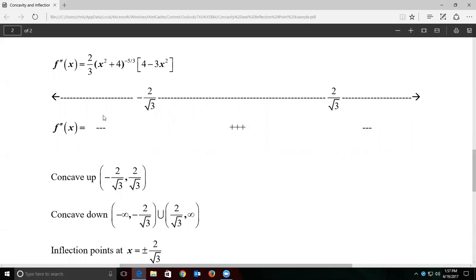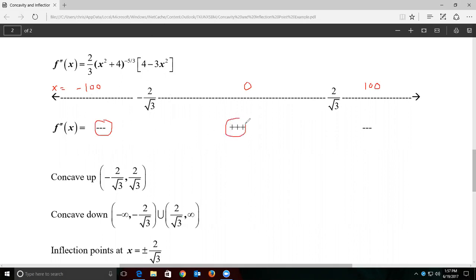When we plug values in for the second derivative, like maybe a negative 100 here, so these are x values. 0 is always a good one to plug in. And maybe something big like 100 here. We'll see that this is our resulting sign.